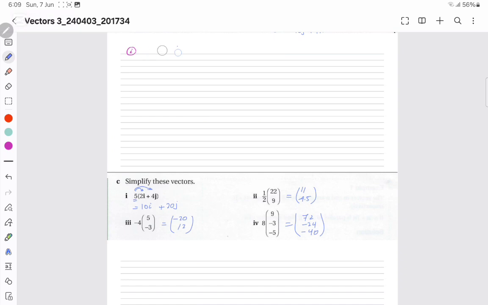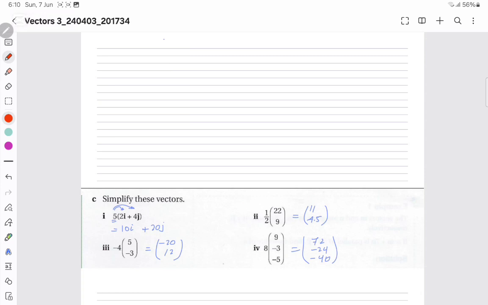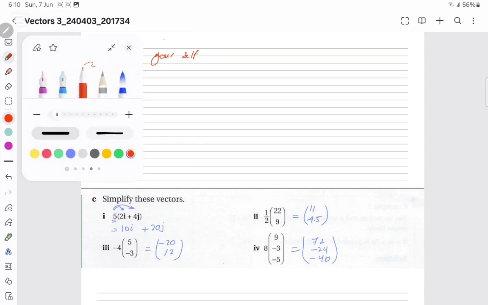Now I want to talk about some important points. Remind yourself how to find the unit vector.